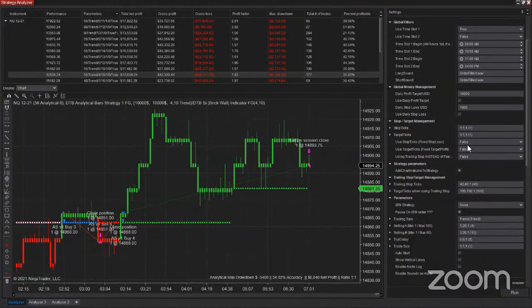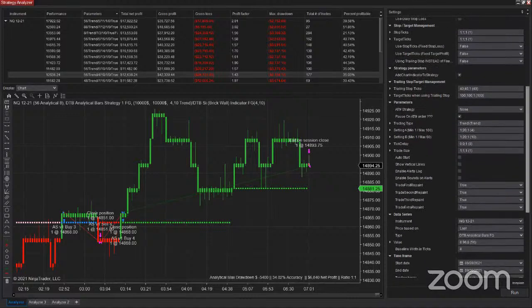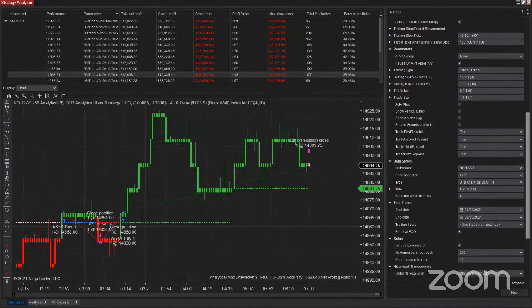I'm not using stops and targets over here. So you'll see there's no stops and targets. There's no trading stop being used. I'm using a setting A 1 to 20 and a setting B 1 to 20. So I just limited or reduced the range that it's working in. So instead of 1 to 40, I've made it 1 to 20.